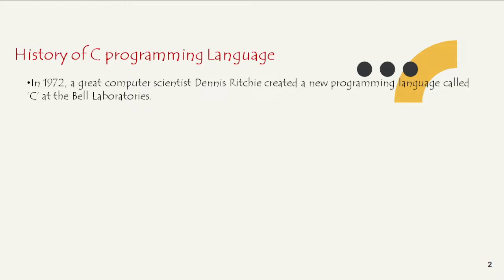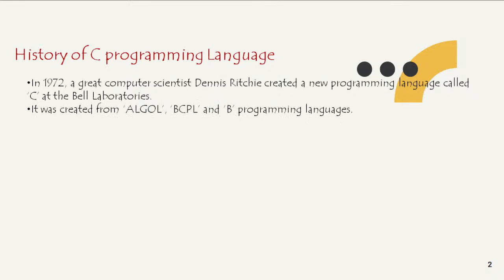Those are ALGOL, BCPL, and B language, and these languages were taken as a basis for the C programming language.